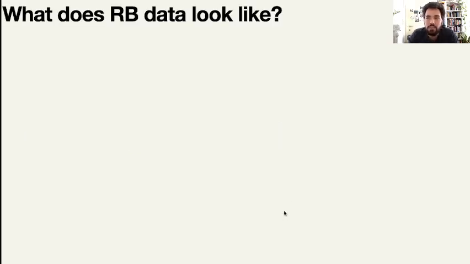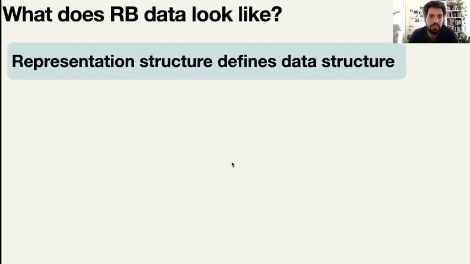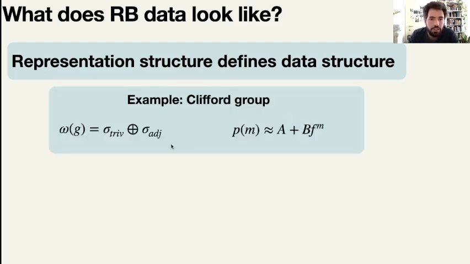And the folklore truism of randomized benchmarking, and the reason I emphasized this reference representation so much, is that representation structure defines the data structure. The paradigmatic example of this is the standard representation of the Clifford group, which has two irreducible sub-representations, one spanned by the identity and one spanned by everything else.